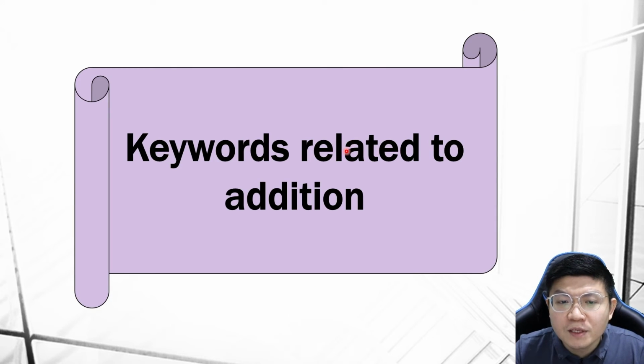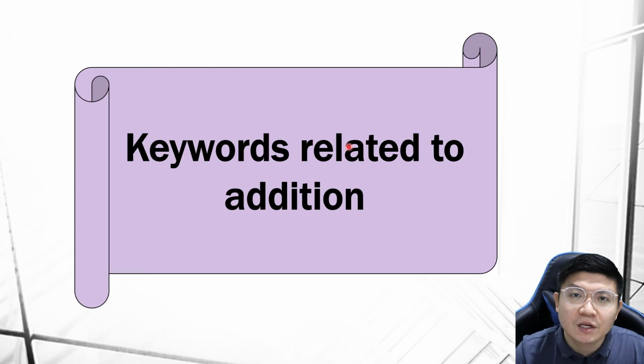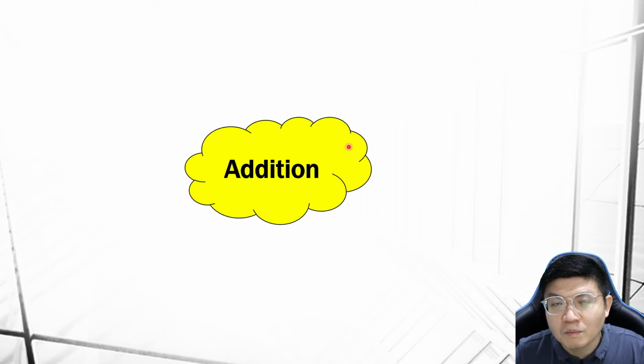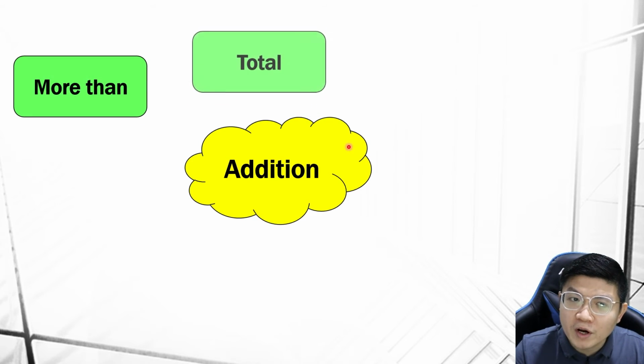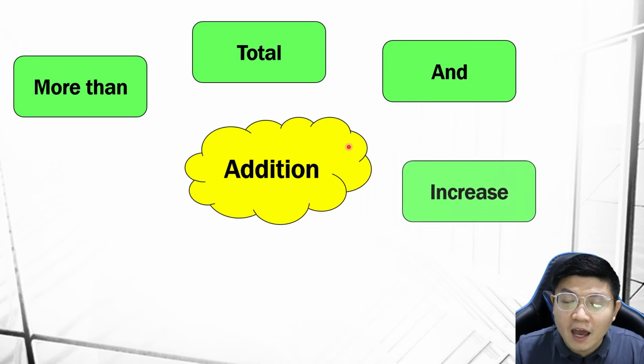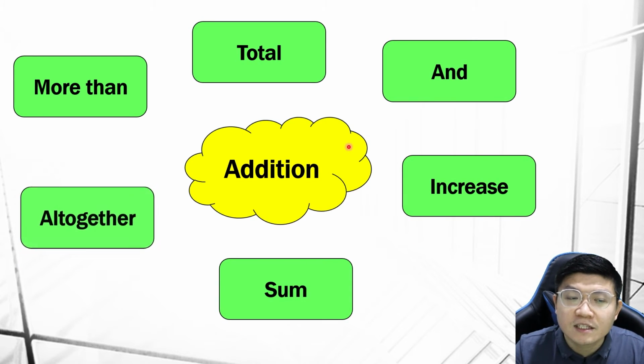Next, keywords related to addition. Sometimes when you solve a problem, there are actually keywords there to help you identify whether you should use addition or subtraction or anything. So what are the keywords that are related to addition? For example, more than, total, and, increase, sum, altogether, and so on.